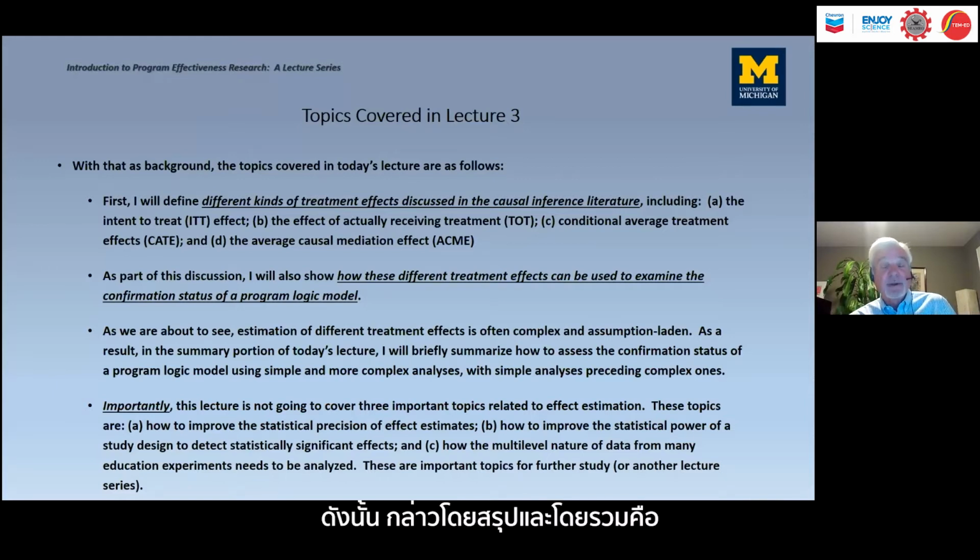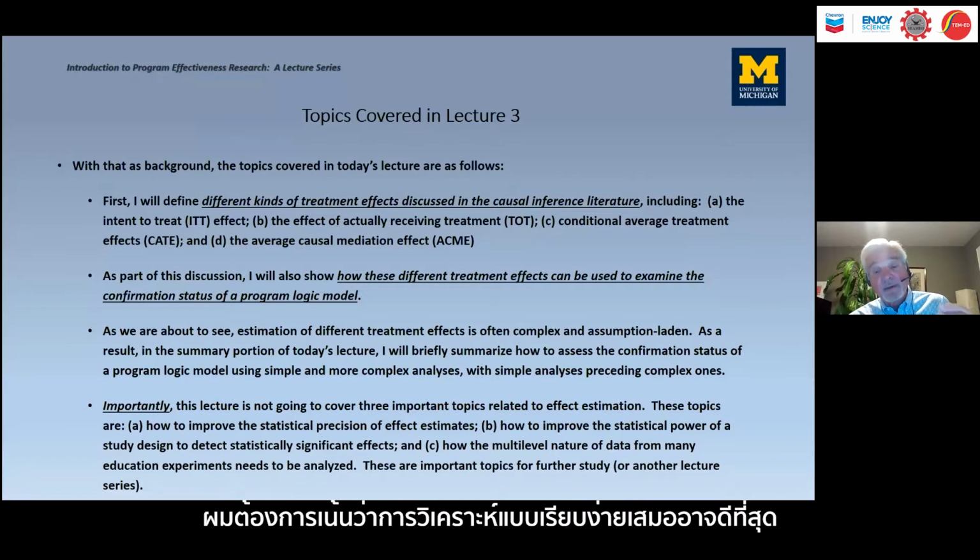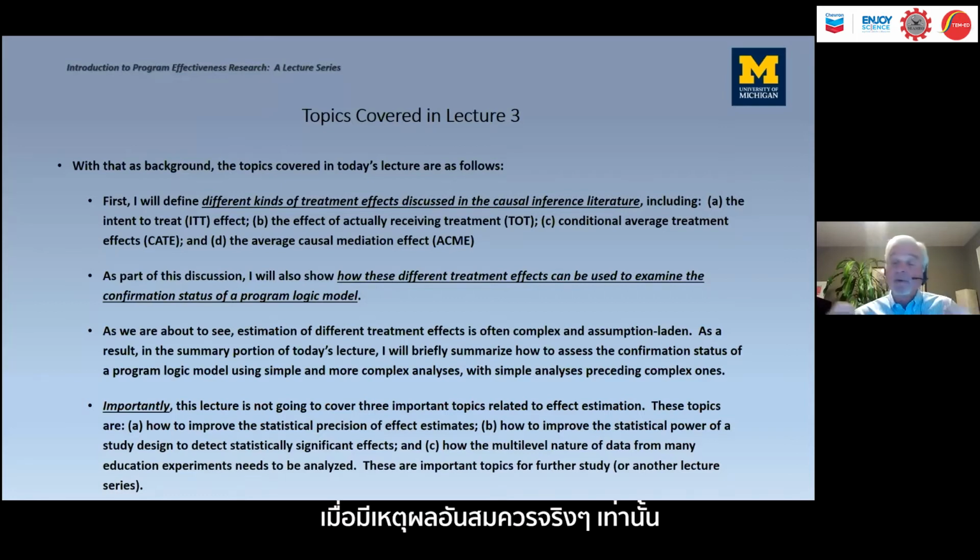And so in the summary and overall, I want to emphasize that it's probably best to keep analyses simple and only move to these more complex analyses that I'm going to discuss when it's truly warranted.